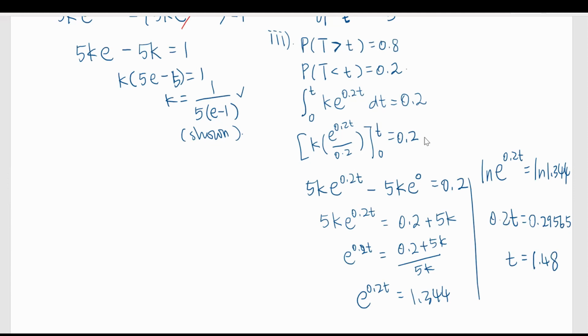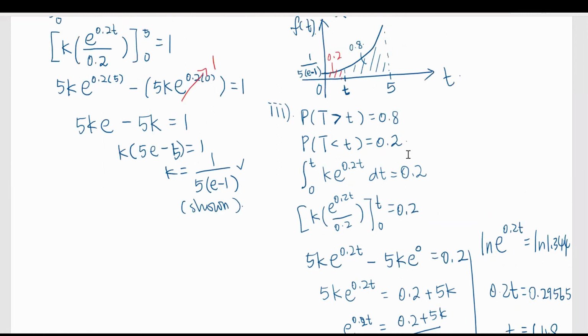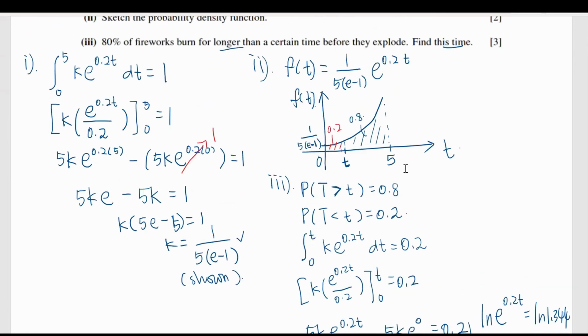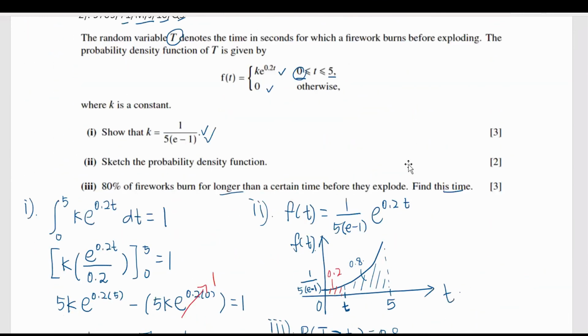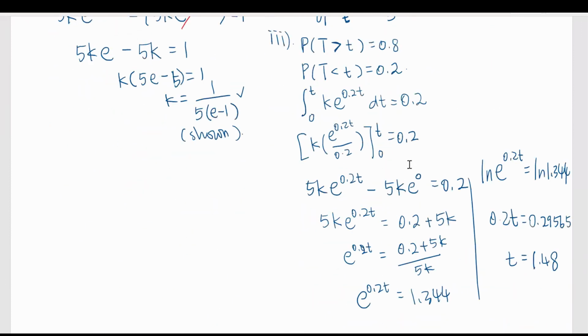All right, so we found the time. So you see these questions, probability is given and get back the small letter t value for this particular time. Okay, so that is the answer for part 3.